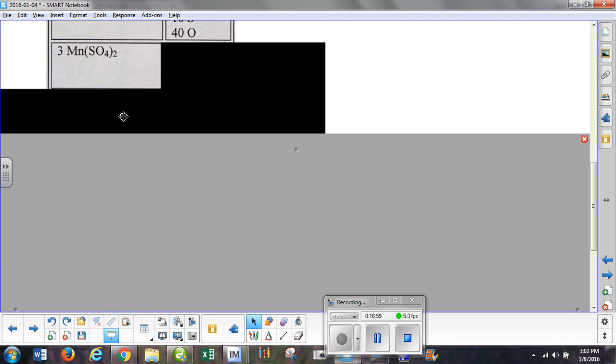All right, that goes to John. Okay, John, you ready? How many manganese do we have? 3, good. Because this 2 does not affect the manganese. It stops at the beginning of the parenthesis because it's on the end of the parenthesis. All right, how about the sulfur?